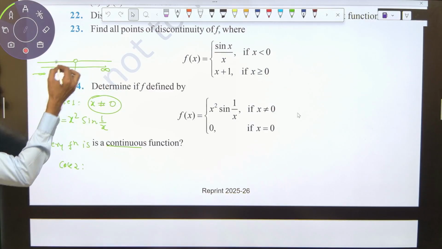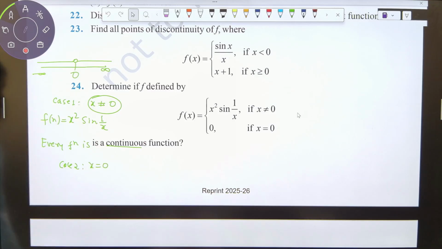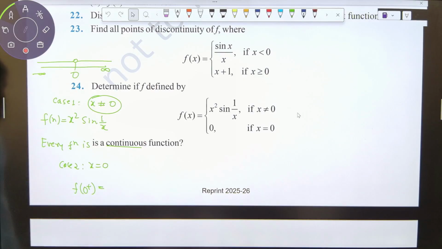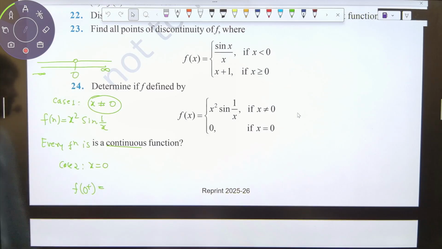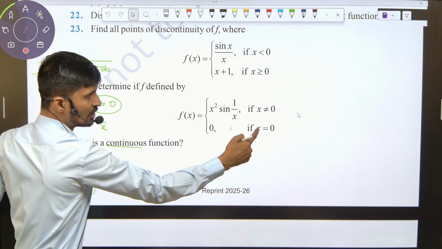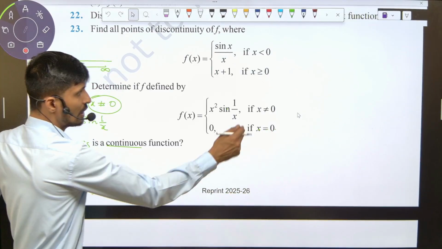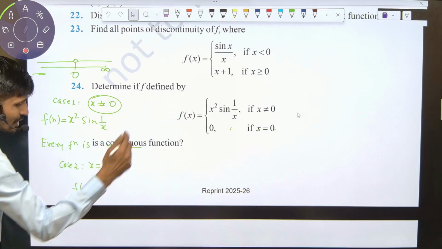Only now we have to talk about 0. So for x equal to 0, I will find f(0 plus). Where will I find f(0 plus), first function or second function? Is 0 plus equal to 0? No, 0 plus is not equal to 0. That is true, so I will use the second function.